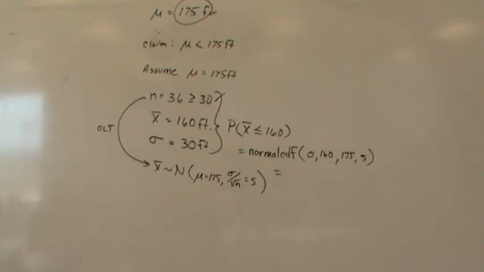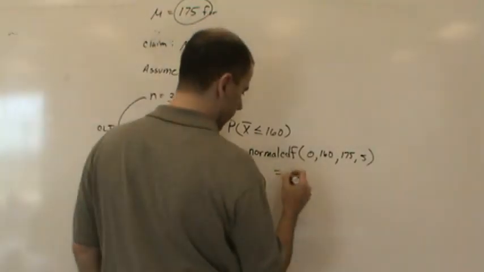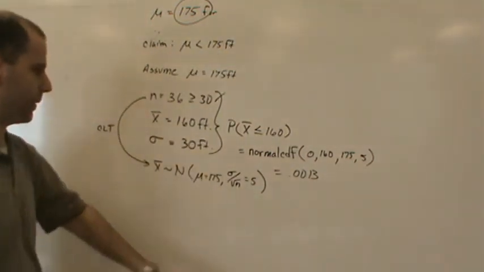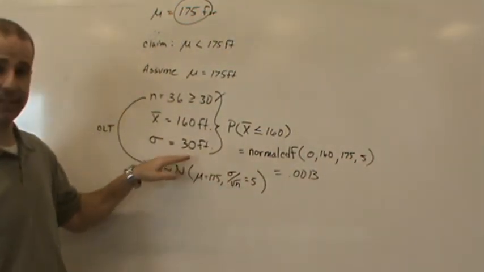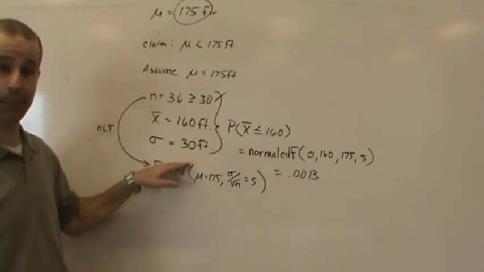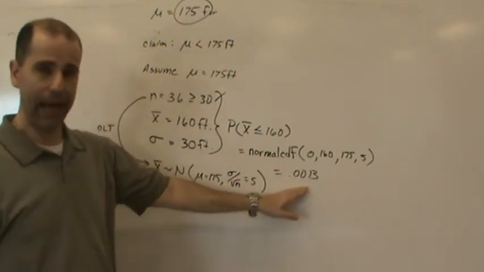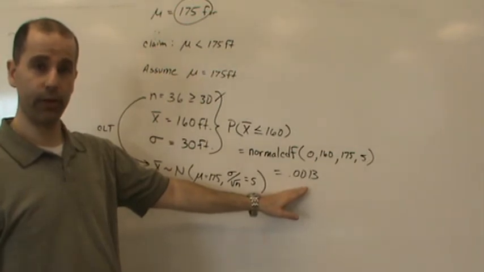And we get 0.0013. So the cumulative distribution function gives us 0.0013. So here's the probability of getting the sample that we got, or a sample that's even more extreme. The probability of that happening is 0.0013.